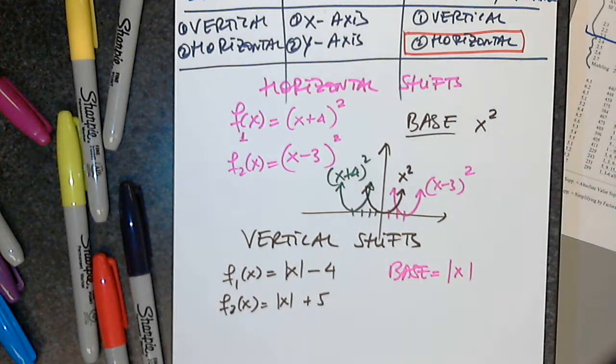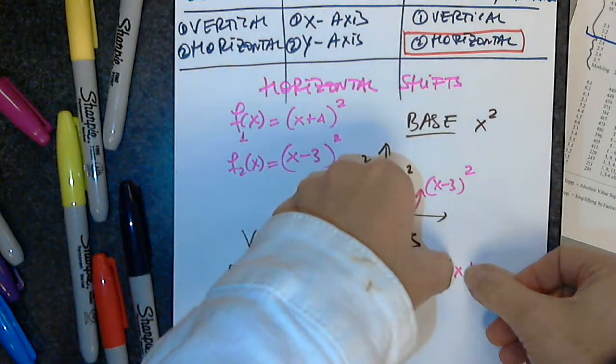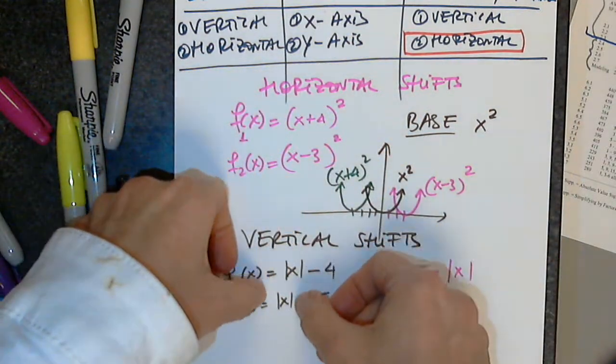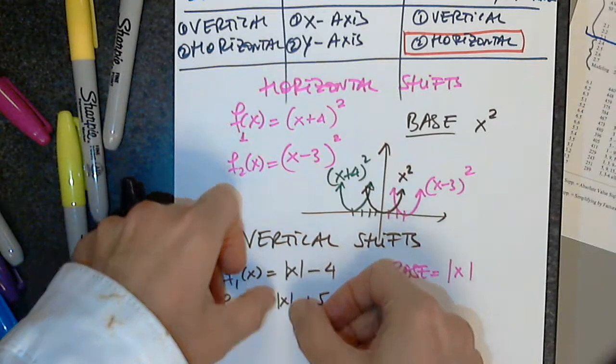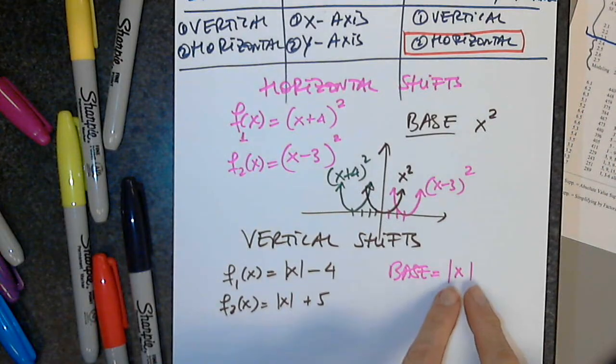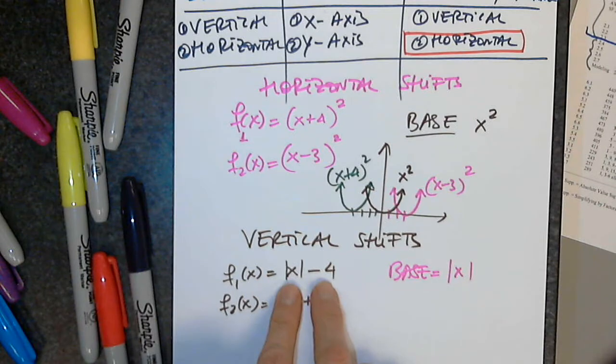So now, what did I change? As you see, x was not changed. So the absolute value of x is still the absolute value of x. The outcome changes now, not the input. The output changes.